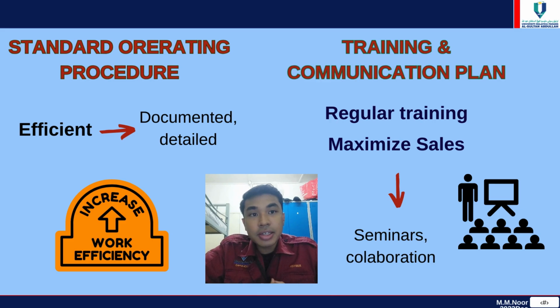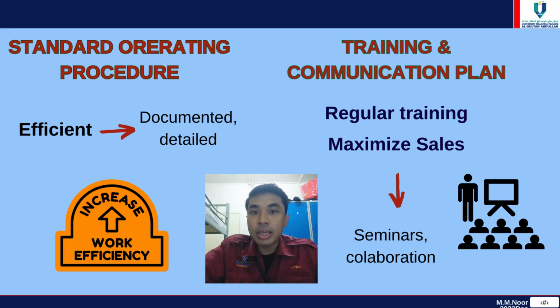Next is standard operating procedure, or SOP, and training communication plan. So SOP, as I mentioned earlier, in the control phase, it has to be standardized, whereby everybody who goes through the control phase in a particular company will have to go through the same SOPs.